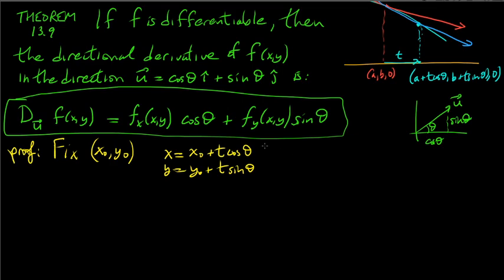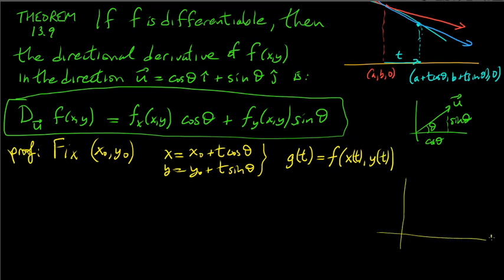Okay. So now what we want to do is form a new function called g of t, and it's just going to be the function f evaluated at x of t and y of t. Remember, x and y now will be restricted to the points on that orange line. So here's the xy plane, and then here's the orange line.